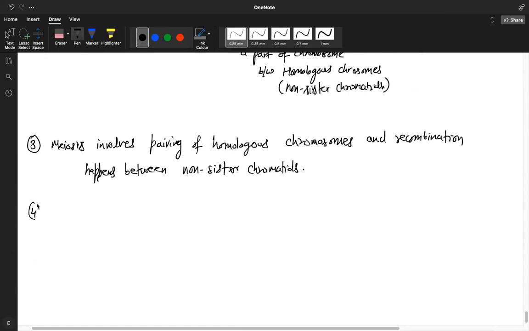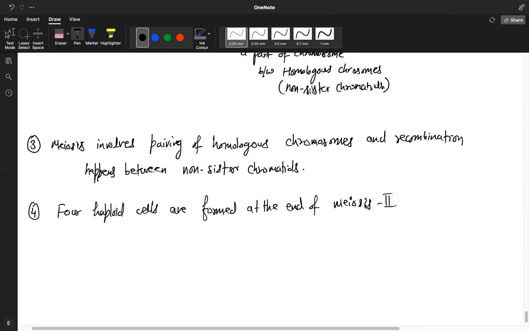And the last thing about meiosis, the last feature, is that from one diploid cell, 4 haploid cells are produced at the end of meiosis.